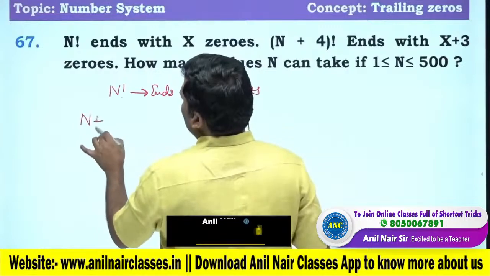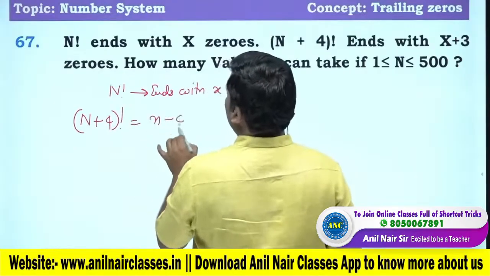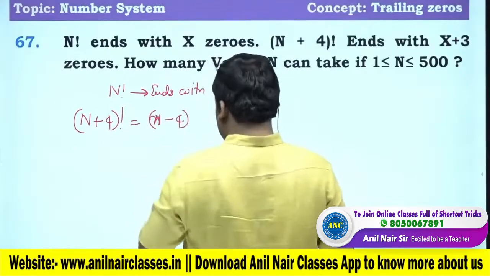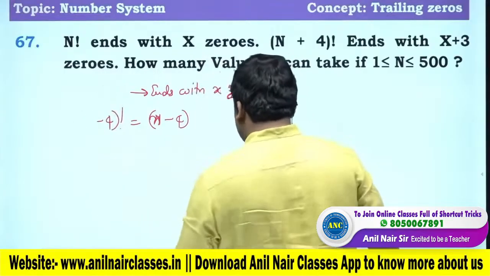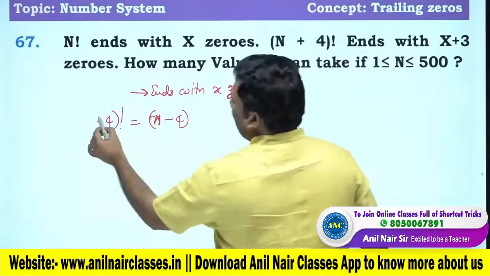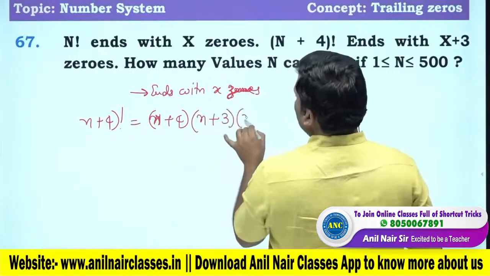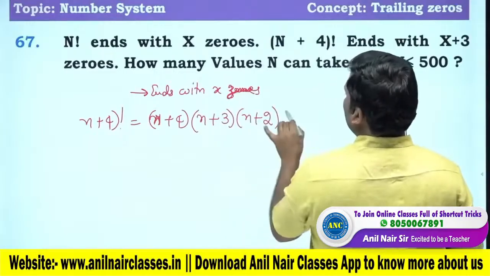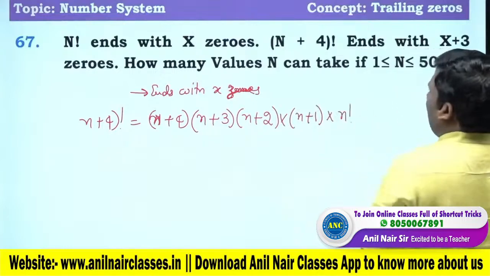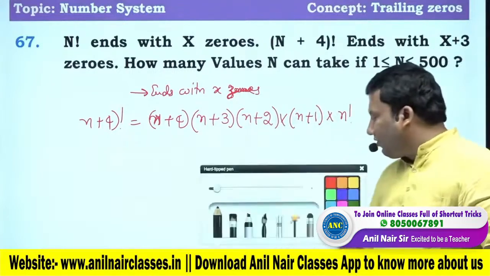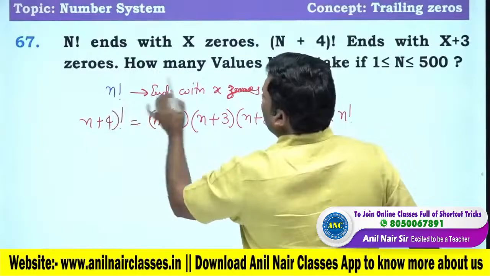N plus 4 factorial means n plus 4 into n plus 3 into n plus 2 into n plus 1 into n factorial. N factorial is ending with x zeros.